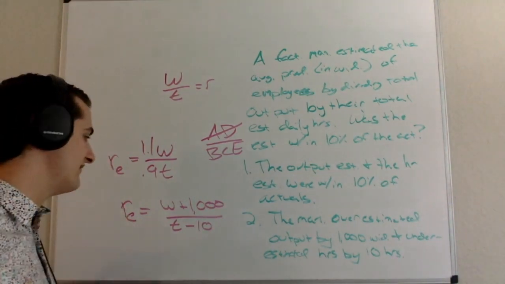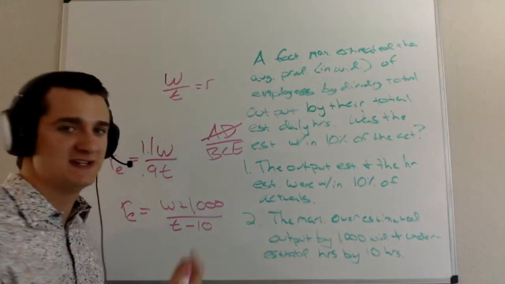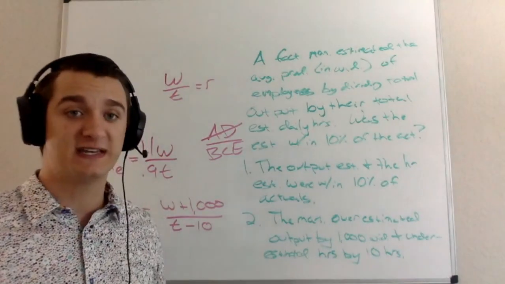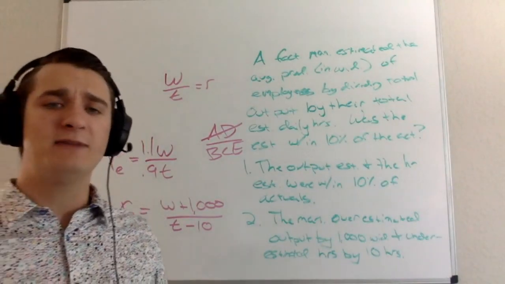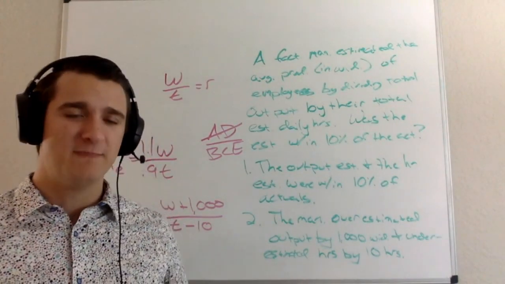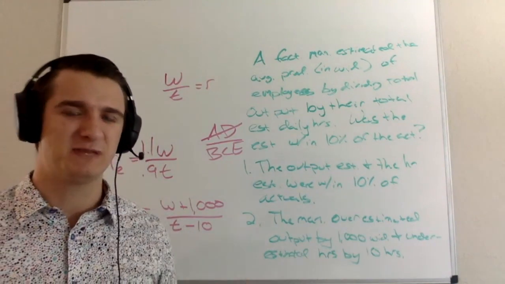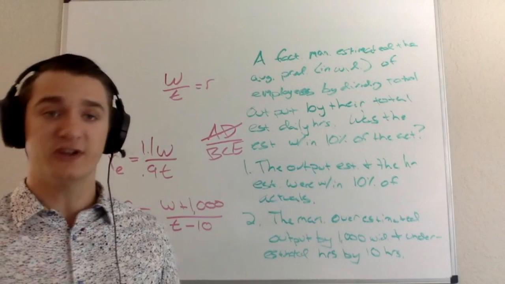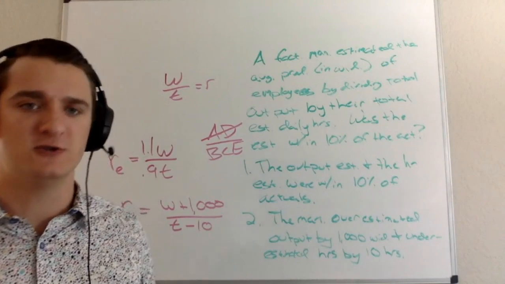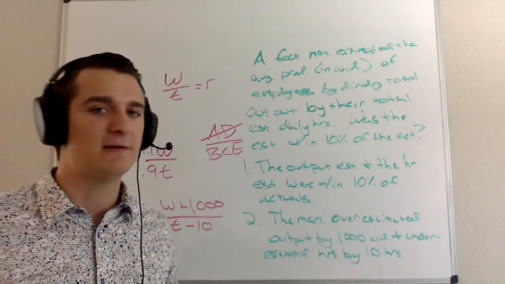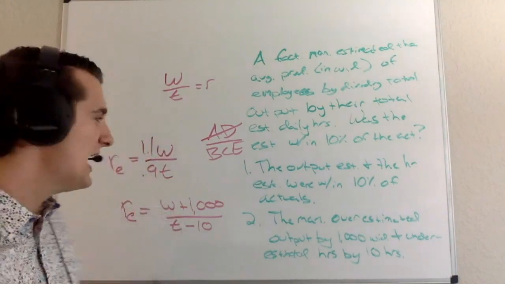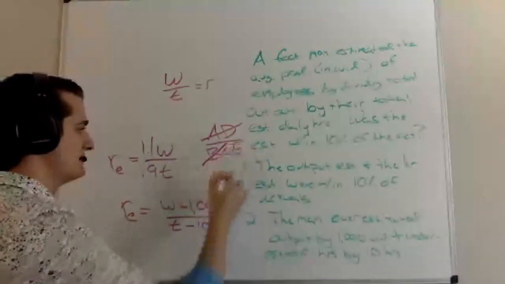Because if my work was 1 and I increased it by 1,000 widgets, that's a very significant percentage change. So again, I'm using logic here more than math, but that's probably the most efficient way to do things. I'm giving you examples to help you think through it logically. And so I can eliminate statement 2 alone and say that's not sufficient.